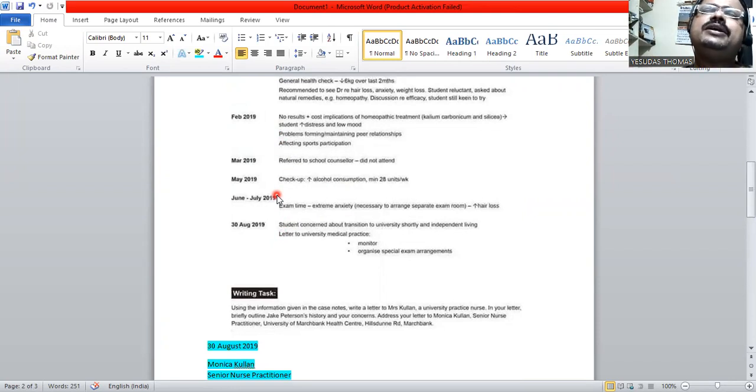So what we need from the university nurse is that we need to monitor him, because he is not in a good emotional state. He's concerned about the transition to university and independent living. So two things he is concerned about. So we need to give psychological support to him. We need to closely monitor him for any signs of depression or other complications.